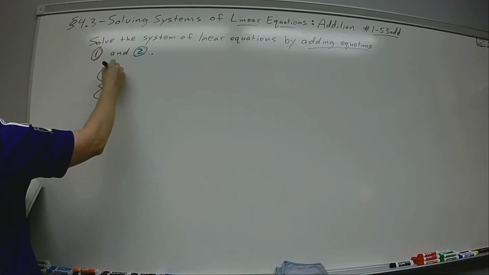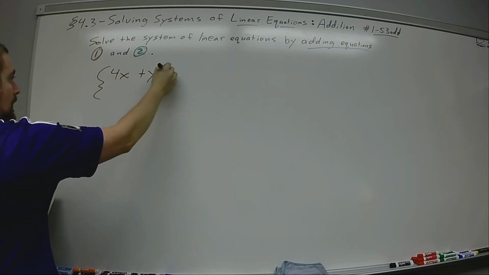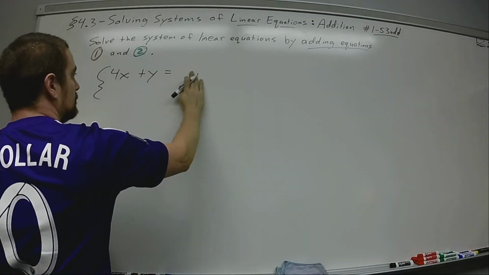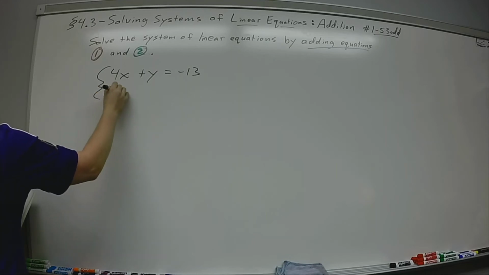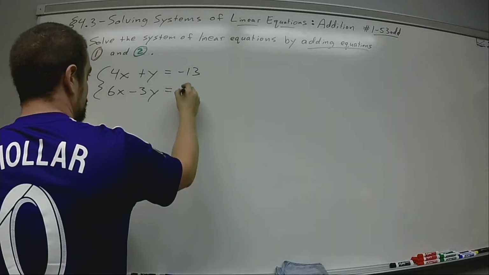where they give us two linear equations. First one is 4x plus y is equal to negative 13. And the second one is 6x minus 3y is equal to negative 15.